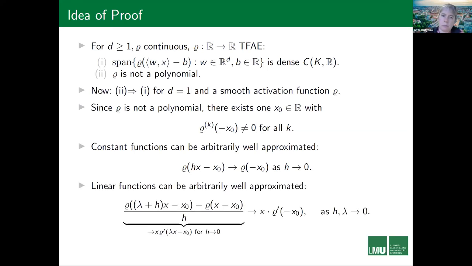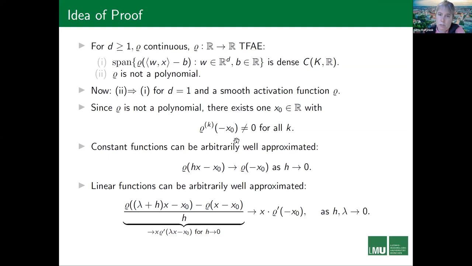So constant functions I can arbitrarily well approximate, and I can do the same for linear functions. Here I need to choose a bit more complicated expression, but still these are elements of the span. Now I let h go to 0, and I also let lambda go to 0. That brings me to this element, x times the derivative of rho at minus x0.